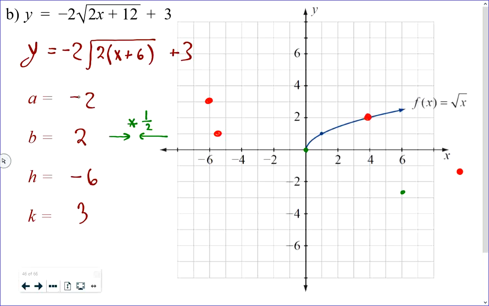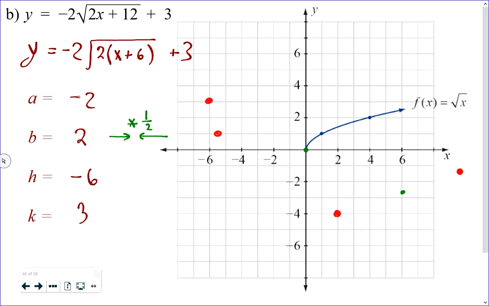Let's take this one. Reflect it vertically, stretch it vertically by a factor of 2, which will put it twice as far away from the x-axis. Stretch it horizontally by a factor of 1/2, which will put it half as close to the y-axis. I might have misspoken a minute ago when I said twice as far from the x-axis.